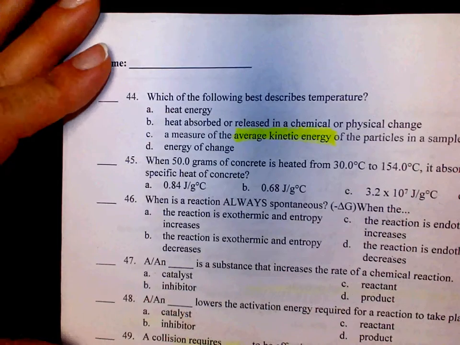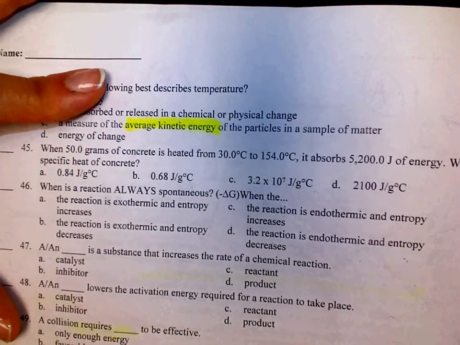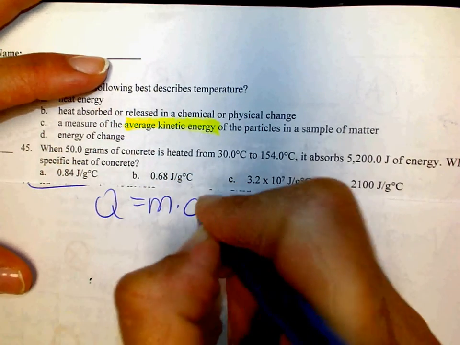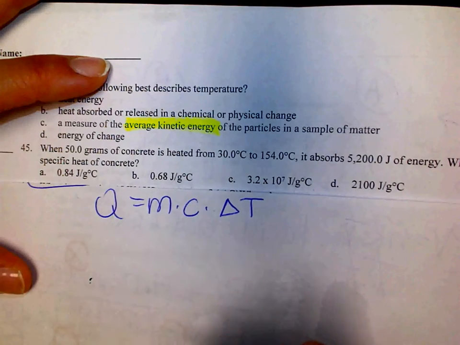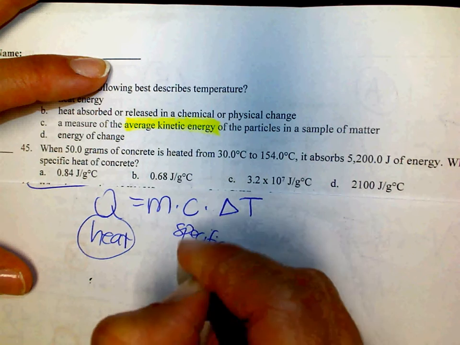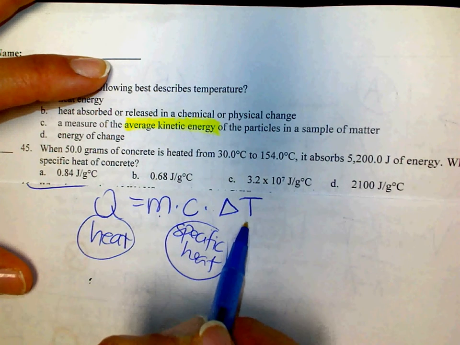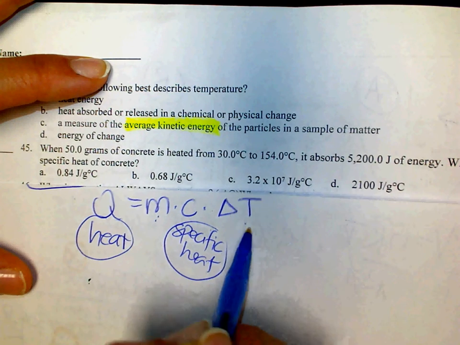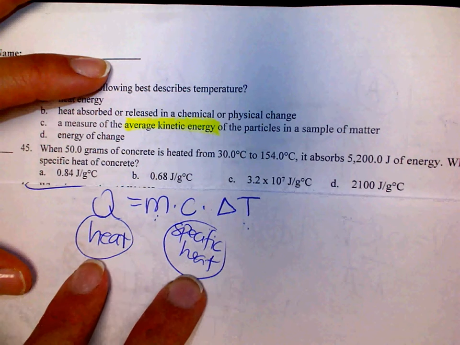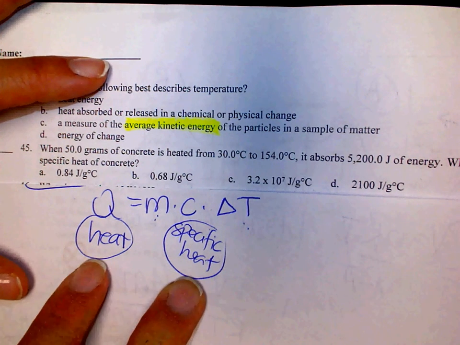Number 45. We are going to use an equation that is on your laminated sheets. Q equals mc delta T. Q is heat, C is specific heat, m is mass, and delta T is temperature change. I'm writing these out because I want you to write all of that out. These are the ones that you get confused, because the words themselves are similar. Now let's solve it.